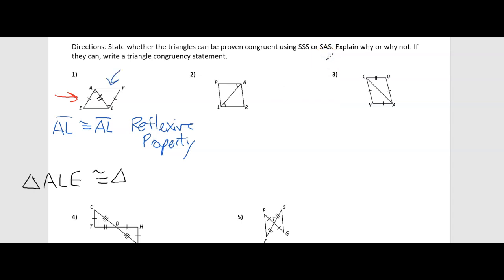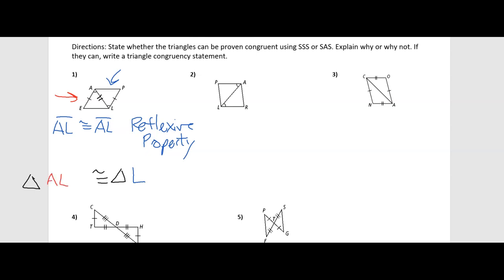For the red triangle, angle A is the angle that has the arc. It's also between the sides with 1 tick mark and 2 tick marks. So for the blue triangle, that's going to be vertex L. You know what? It's probably easier if I color coordinate this.